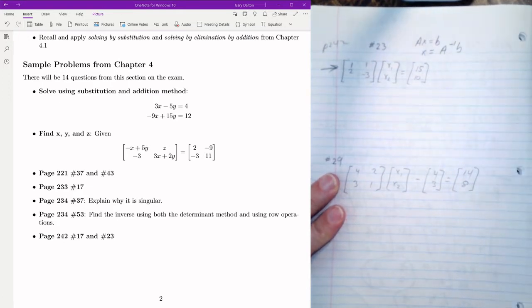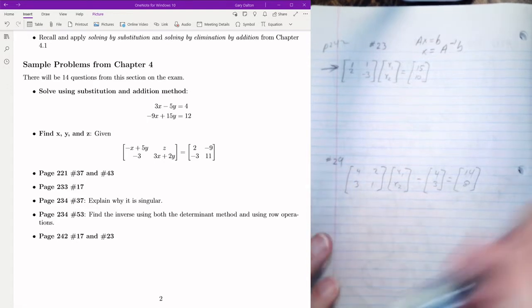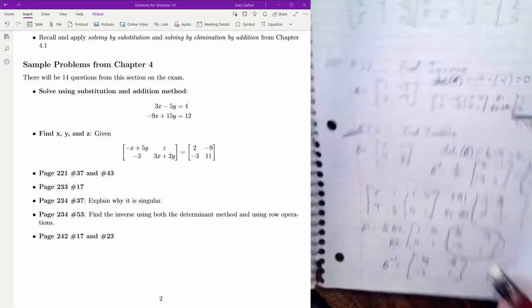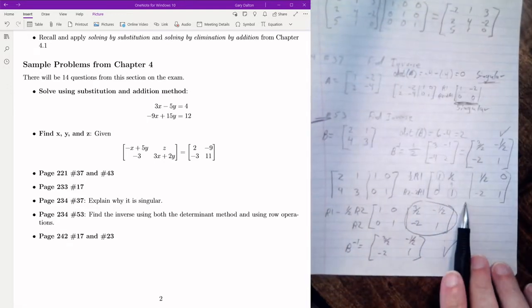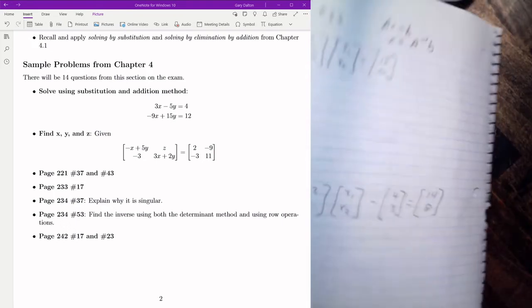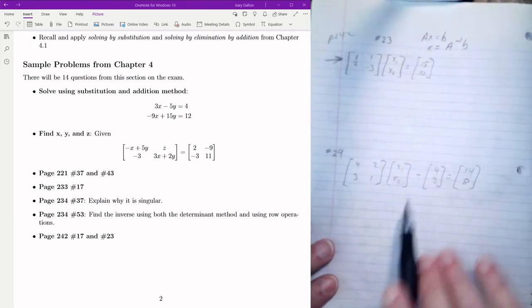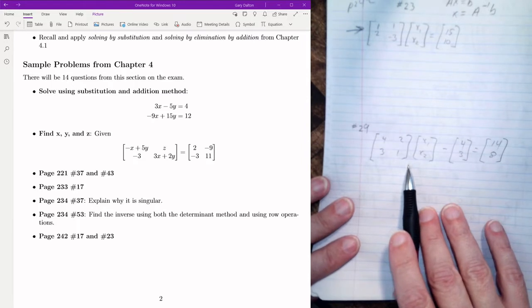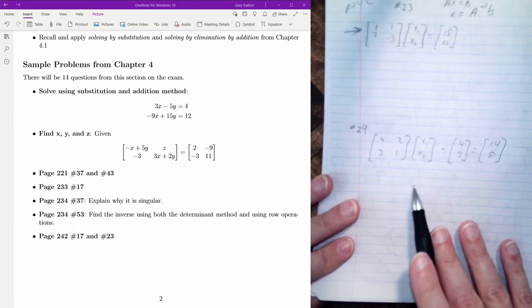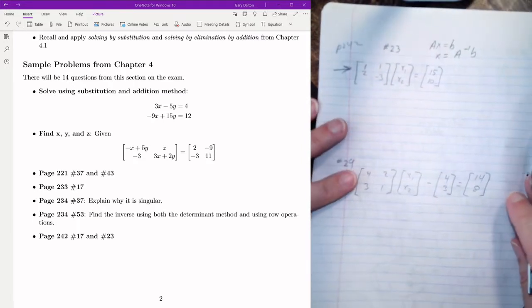Typically, the easiest way, if it's a 2 by 2, is to use the determinant method. So that's what we're going to do. Recall that you can always use Gauss-Jordan elimination with an augmented matrix, which is what we did in the second part here. I think I'll do this one using the determinant method, and I think I'll do this one using the Gauss-Jordan method with the augmented matrix, if that's okay with you guys.